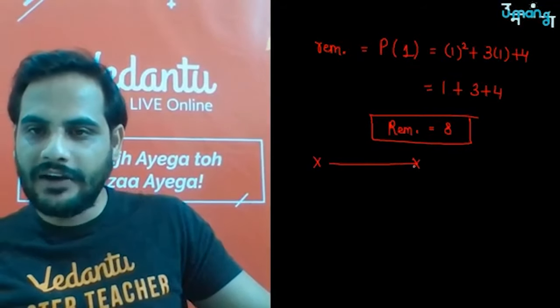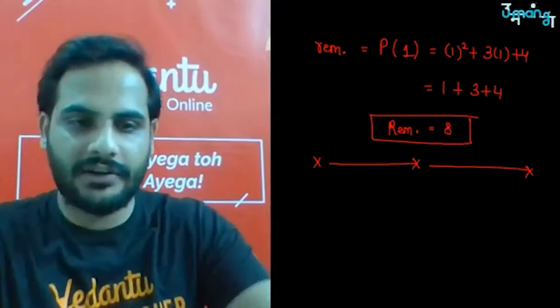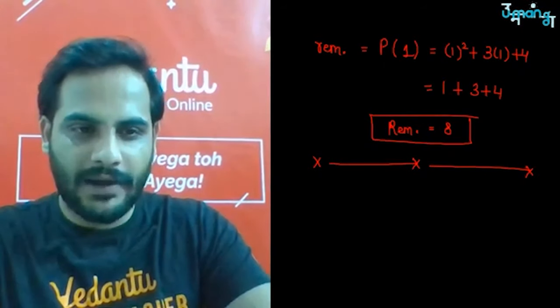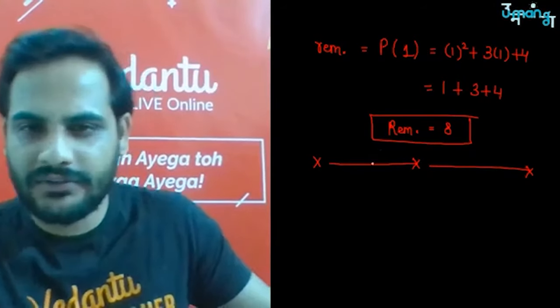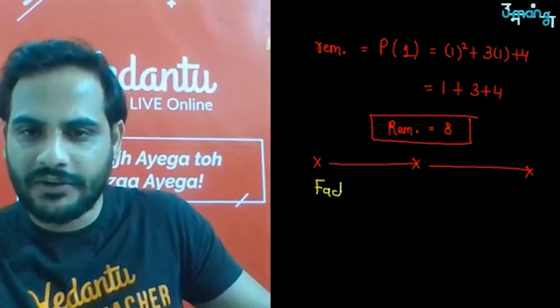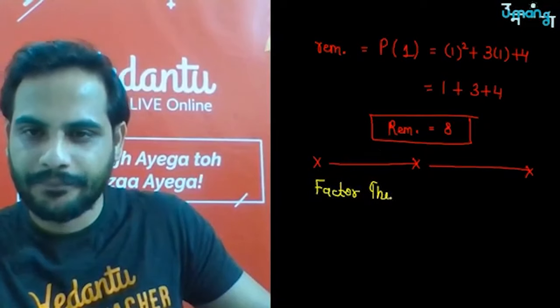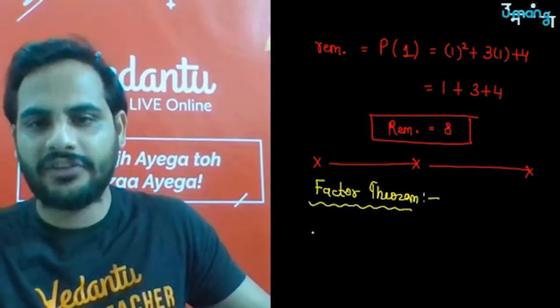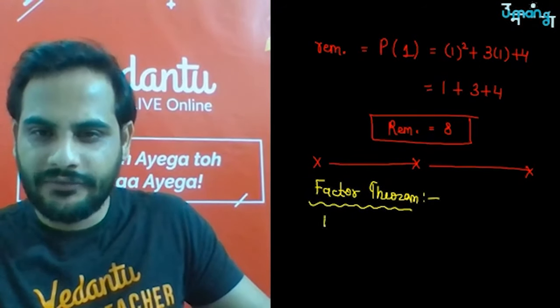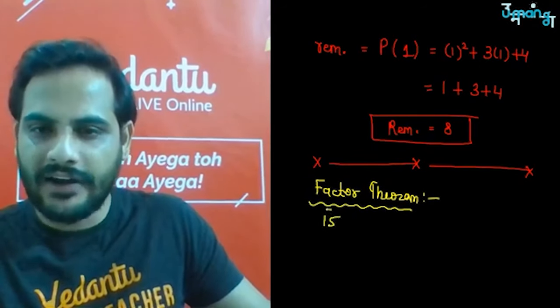Okay, now let's come to the part of factor theorem. Now factor theorem is very easy, beta, nothing much. This is just an application of remainder theorem. Suppose I ask you to write the factors of 15.